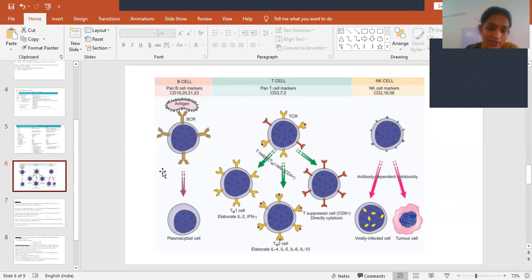So these Fc components will be lost and it will be transformed into a plasmacytoid cell, and again it will be converted into a plasma cell, and once it is converted into a plasma cell, it will secrete immunoglobulins. So these immunoglobulins are involved in humoral mediated immune reaction. So this is how B cells are involved.